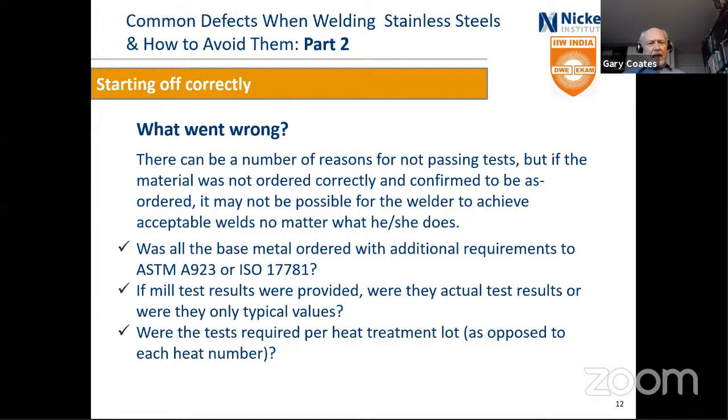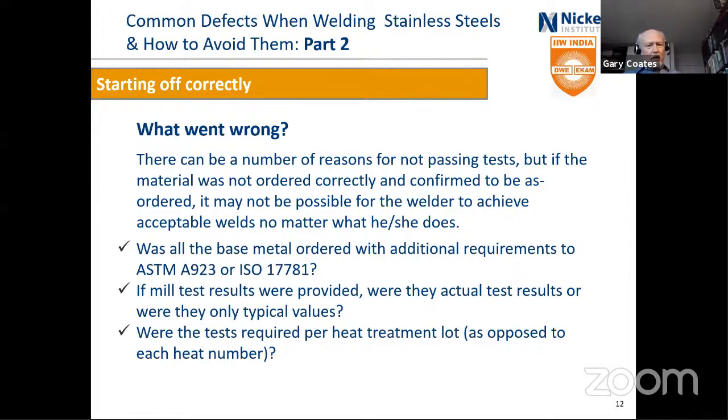And because of that, it may not be possible for the welder, no matter how good he is, to achieve the acceptable welds. So the first thing you want to do is make sure that the base metal was ordered with additional requirements. The two standard ones in industry are ASTM A923 or the ISO 17781 specification.